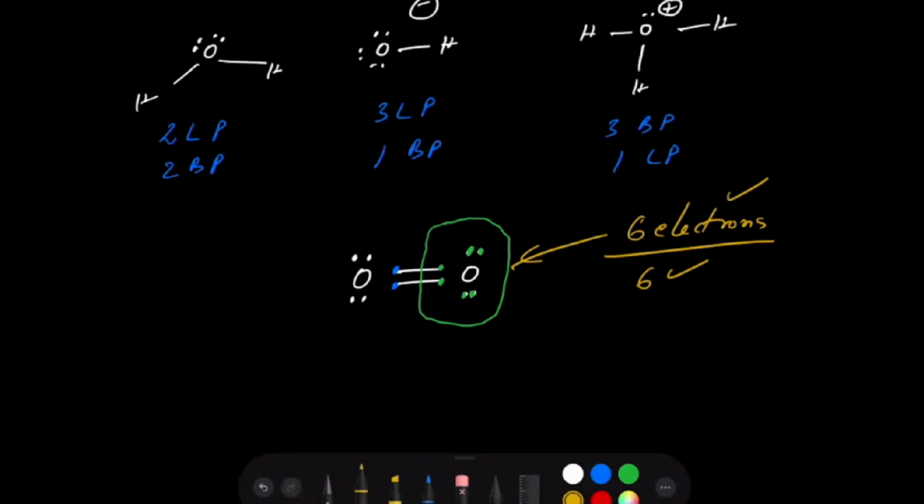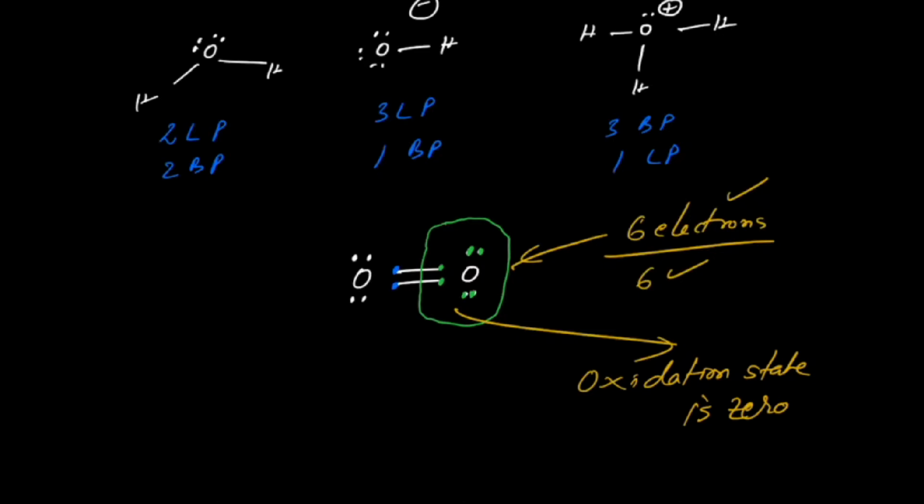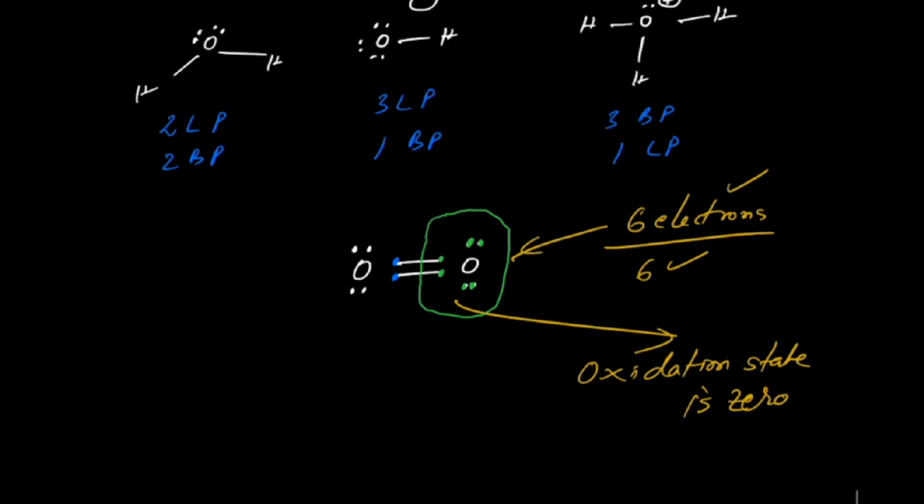And it has 6. So there is no extra electron, or there is no deficiency of electron. That's why oxidation state is 0. Here oxidation state is also 0. Even the formal charge is also 0. Clear?